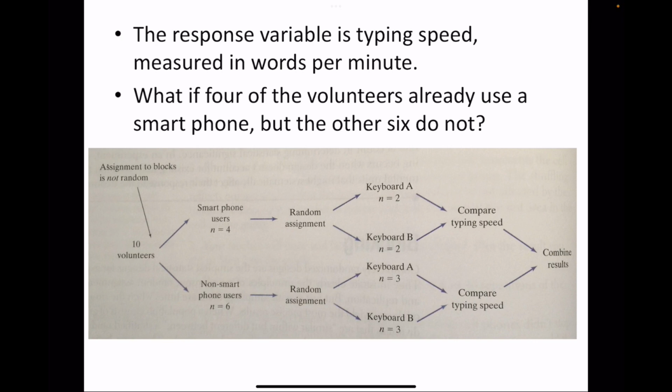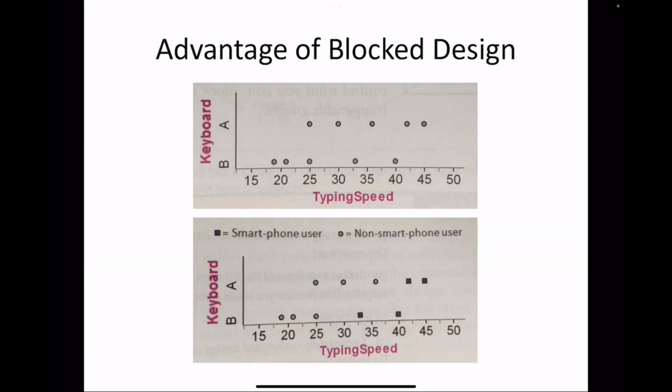At the very end, you try to compare the results. Now, in this graph, on the top graph, you have not tagged the data at all. It's everyone's data. It's hard to tell what's going on. But in the second graph, what you'll notice is that all of the squares, which are the smartphone users, are pretty well ahead of everyone else. So we should really only compare the circles to the circles and the squares to the squares.